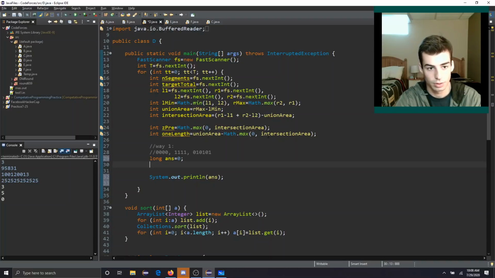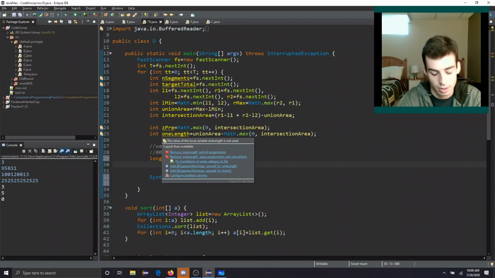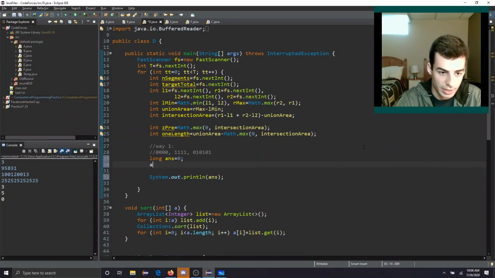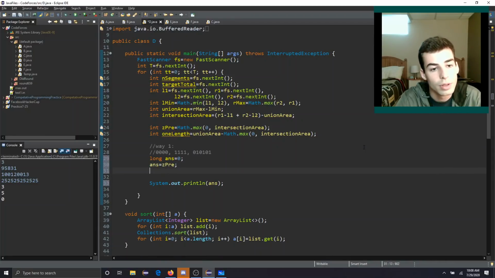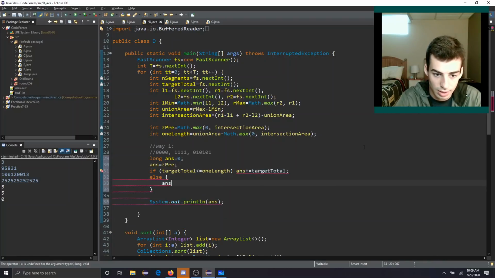Yeah, we need at least one required intersection. Ants equals z pre. If target total is less than or equal to 1 length, ants plus equals target total, else ants plus equals 1 length.